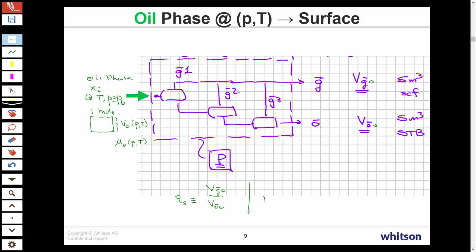And likewise, the oil formation volume factor, BO, is defined as the oil volume, which is at the temperature of the table and any pressure greater than or equal to the bubble point. That will vary with the pressure, but the product volume, surface oil coming from that oil, will not vary with pressure. So that's the RS and the BO definitions.